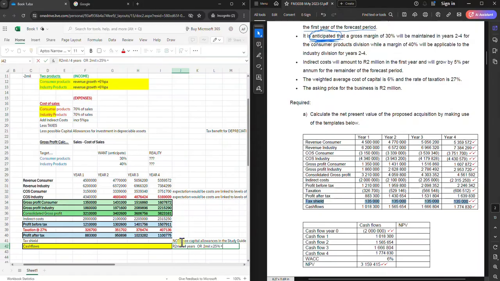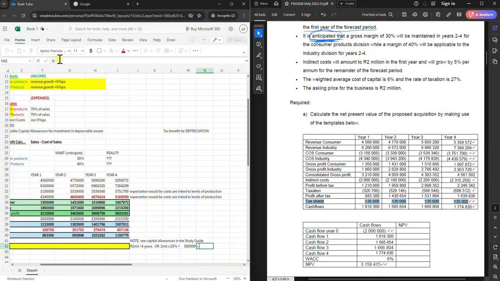So 25%, what is that going to give me? 2 million times 25% is 500,000. Times the 27% gives you the tax saving. 500 times 27%? Yeah, that's right. Okay, it does work. You get the same answer as what they've got.